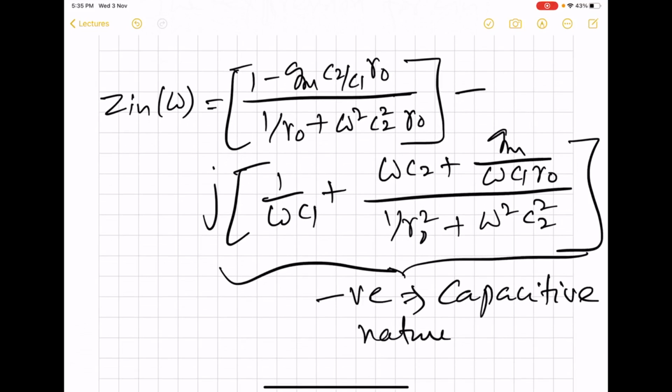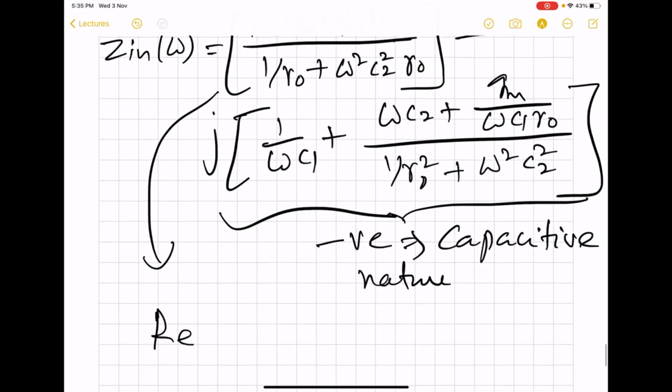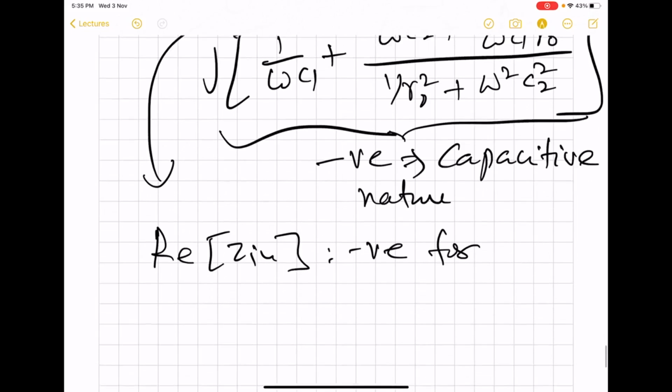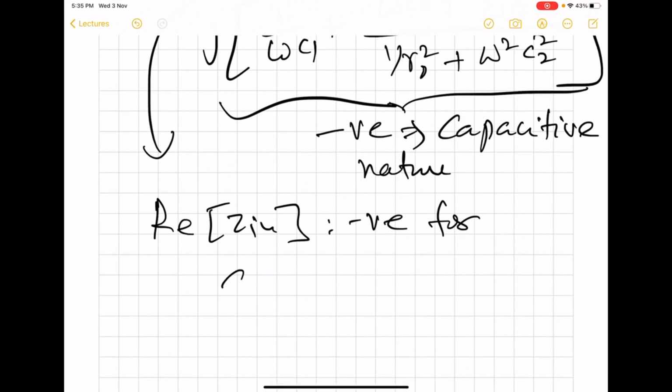And this real part of Zin in general will not always be negative, but it becomes negative for GM R0 C2 by C1 greater than 1.